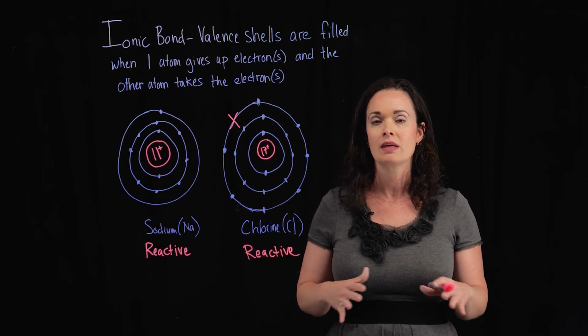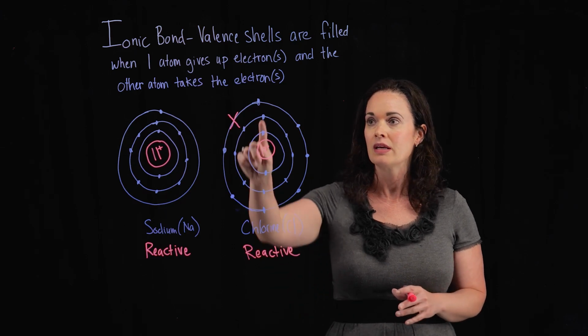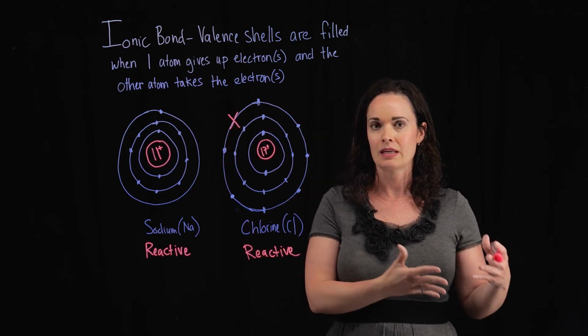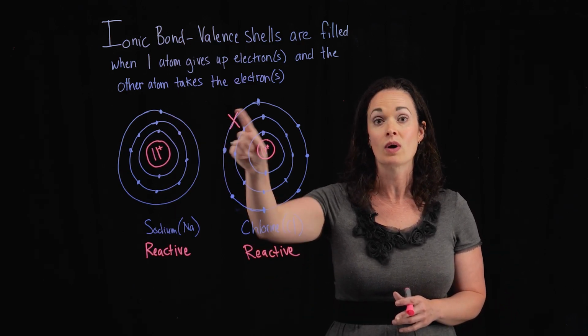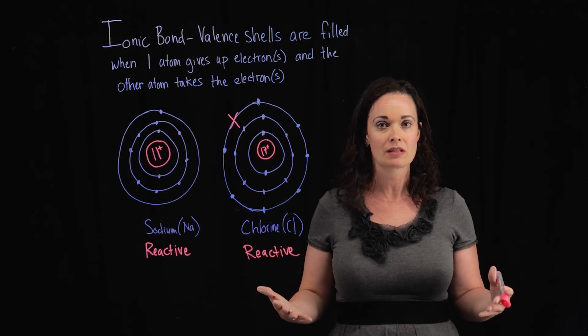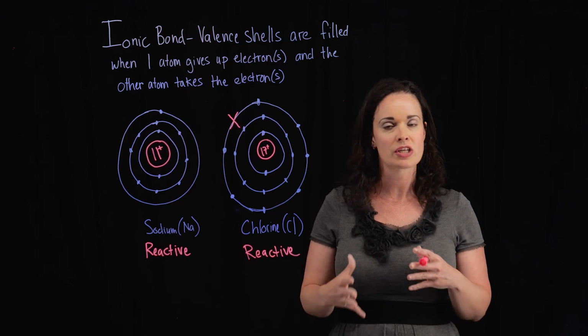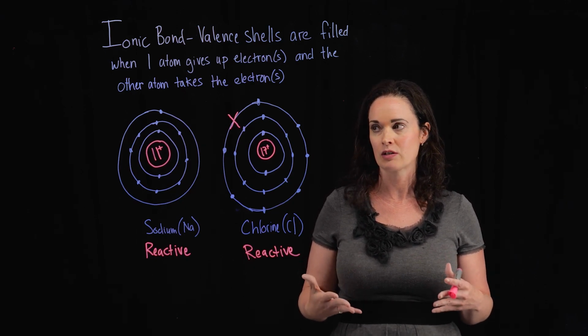It's unstable, again, because its valence shell, its outermost shell, is not full. The third shell, if you remember, can hold a total of 8 electrons, and chlorine has only 7 electrons in the outermost shell. It's missing 1. So both of these particular atoms want to interact with something else to exchange electrons with another atom in order to be able to fill up their outermost shells.